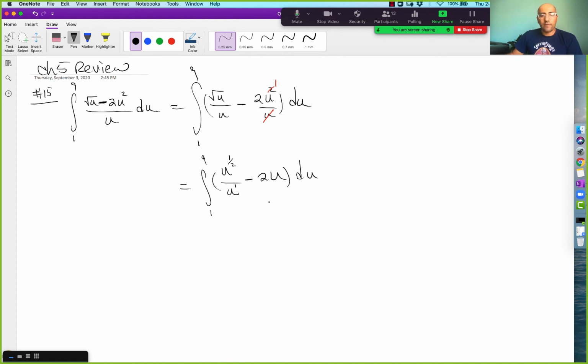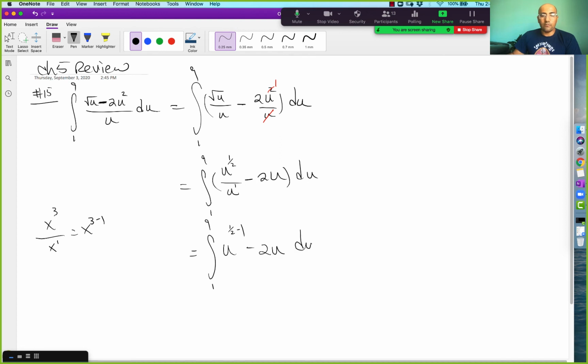Remember that when we have a fraction like this, x to the third over x to the 1, this is x to the 3 minus 1, we subtract them. So this is going to be the integral from 1 to 9 of u to the 1/2 minus 1 power minus 2u du. And so this is equal to the integral from 1 to 9 of u to the negative 1/2 minus 2u du.